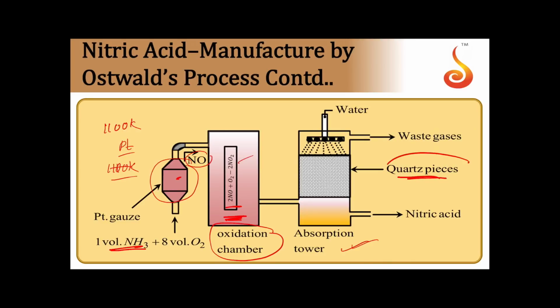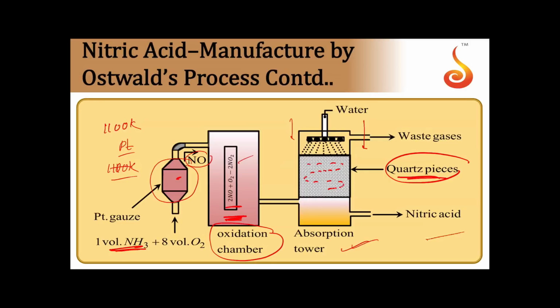We can say acid-proof stones are present in the absorption tower. Water is sprayed from the top, which dissolves NO2 in the presence of oxygen gas. This finally gives HNO3 for us. Let us see the process once again.